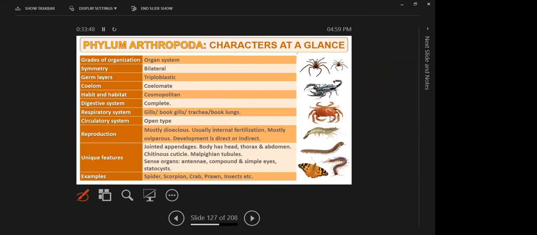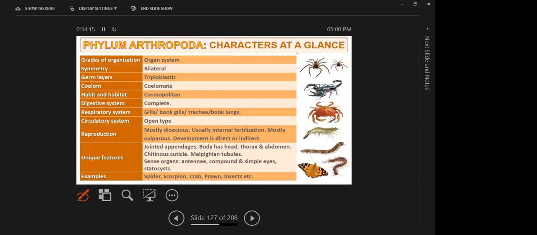Okay, Advai, you read. Grades of organization is organ system level. It has bilateral symmetry. It's triploblastic in nature. It is coelomate, cosmopolitan. Complete digestive system and respiratory system is gills, book gills, trachea, and book lungs.